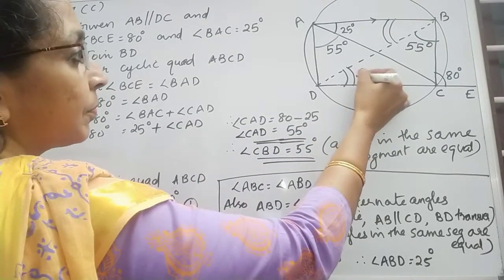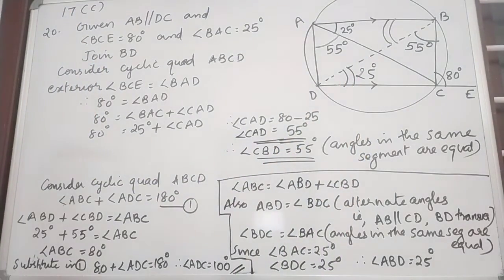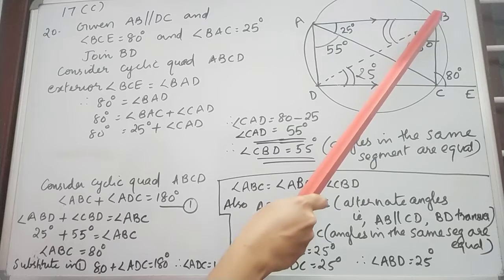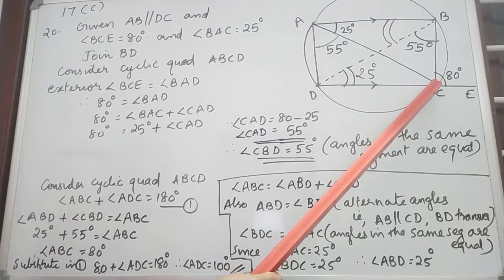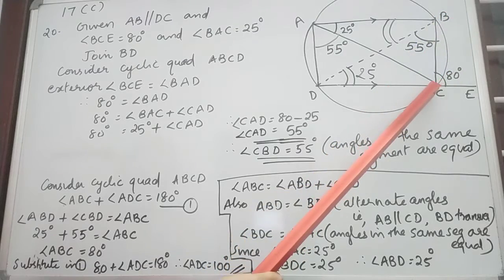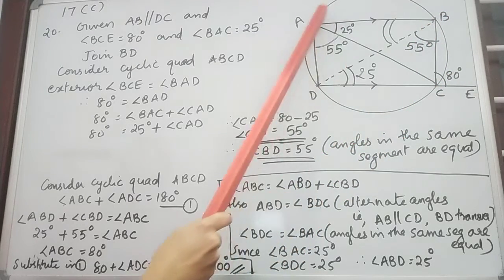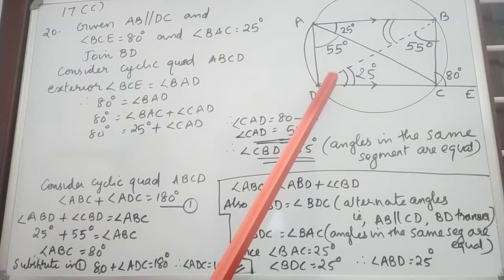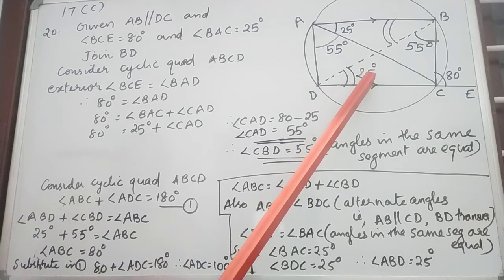Once again, BDC we don't know, but we can find it out. How? BDC and BAC lie in the same segment BC. We know BAC is 25 degrees, so we can write BDC as 25 degrees.